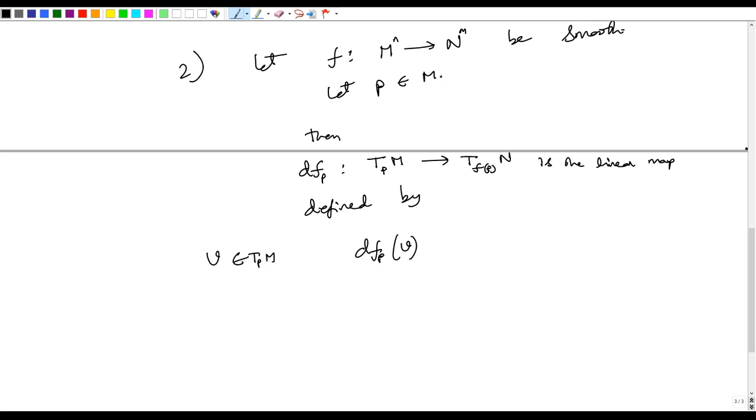This is supposed to give me a derivation on N. So in other words, I have to specify what it does to a function on N. So let's see. So this I define to be V of.